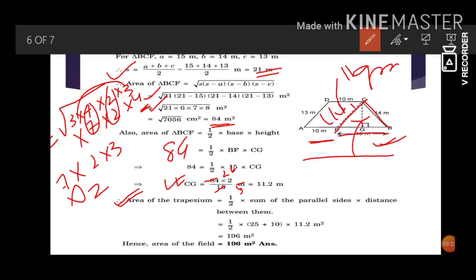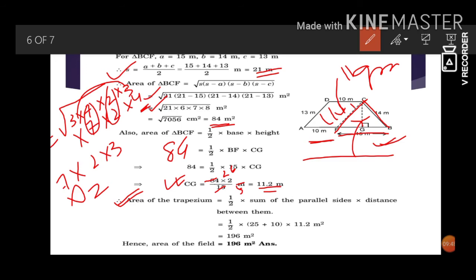So we will have 28 into 2, which is equal to 56 divided by 5, so we will get 11.2 meters as the height CG. So now we have the value of CG as 11.2.